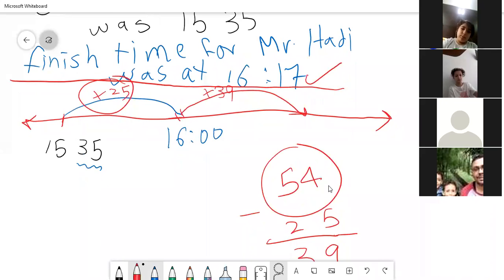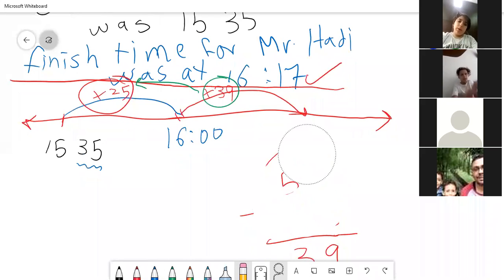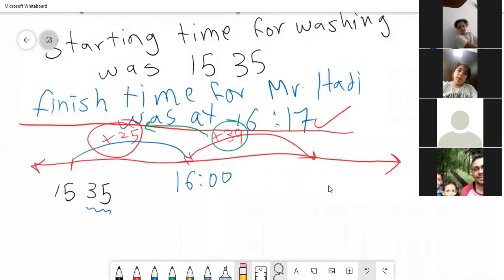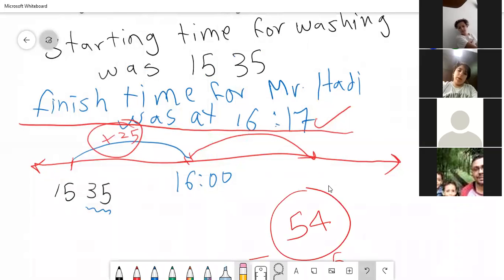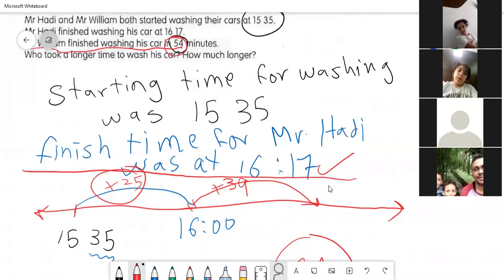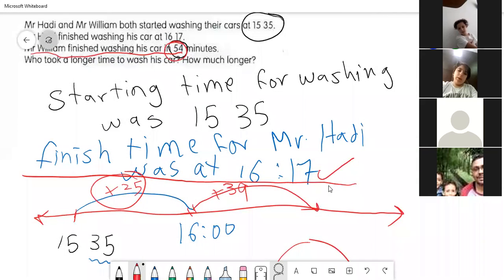Because 39 plus 25 equals 54. So plus 39, because 54 was the time it took Mr. William to finish washing his car.